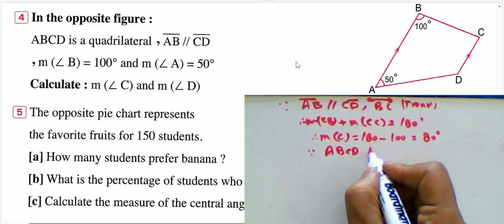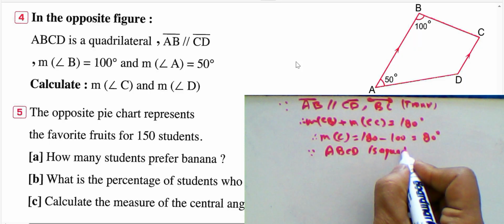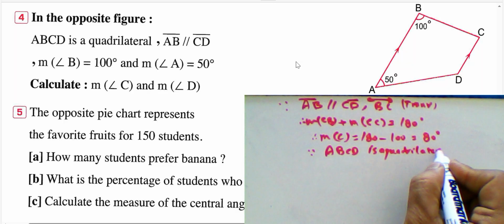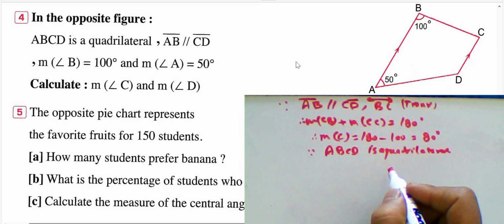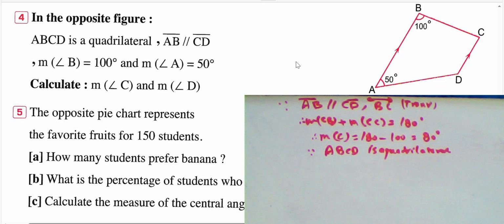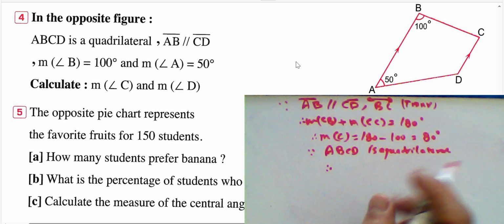Such that ABCD is a quadrilateral. Then we can find measure of angle D also, or you can use the transversal AD.